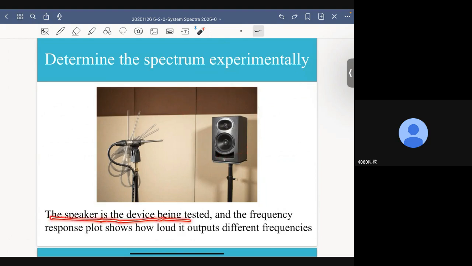What we have in this picture is a speaker, a device being tested, and the frequency response plot shows how loud it outputs different frequencies, which means I will input sinusoidal signals with different frequencies into the loudspeaker, and I will use this microphone to pick up the signal this loudspeaker produces, and the sound pressure, the volume produced by this loudspeaker, varies with the frequency of the sinusoidal testing signal.